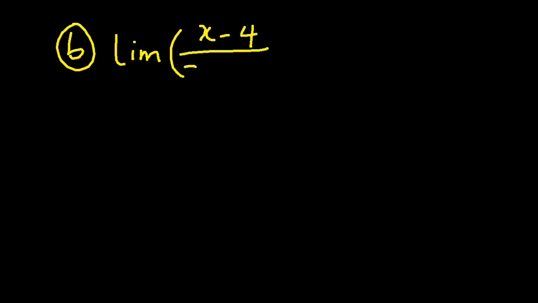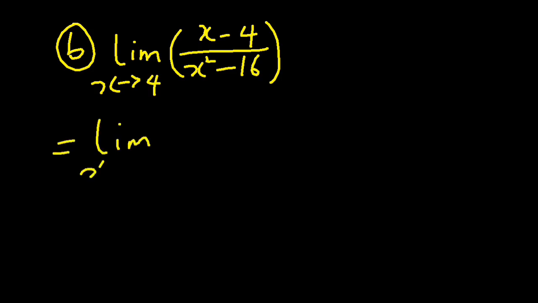So another example, B, we have the limit of x minus 4 over x raised to power 2 minus 16 when x tends to 4. This cannot be solved directly as well.